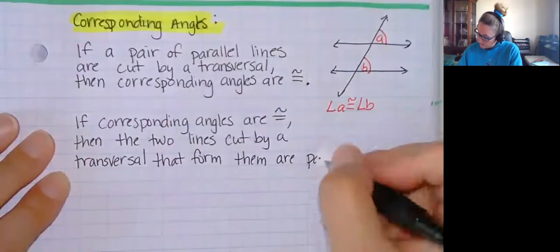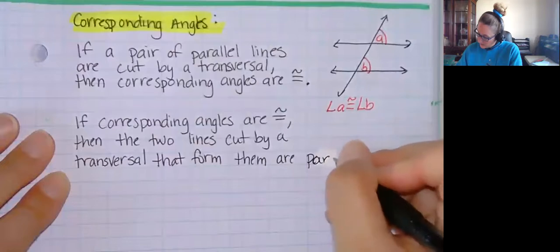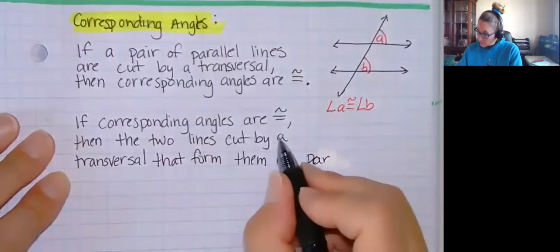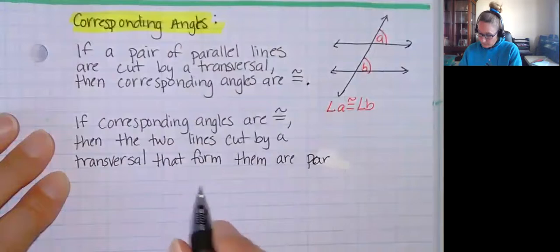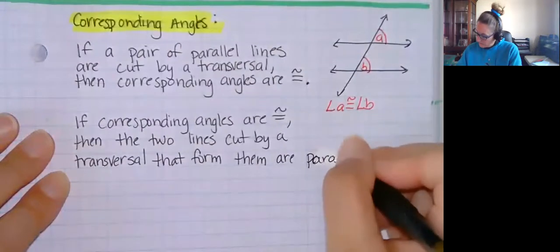So again, if corresponding angles are congruent, then the two lines cut by a transversal that form them are parallel.